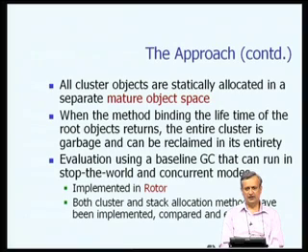We allocate on the mature object space, and we release that mature object space part when the method dies. So, when the long living method dies, that area is also released. There is no garbage collection on the mature object space. When the method binding the lifetime of the root objects returns, the entire cluster is garbage and can be reclaimed in its entirety. That is what I was saying.